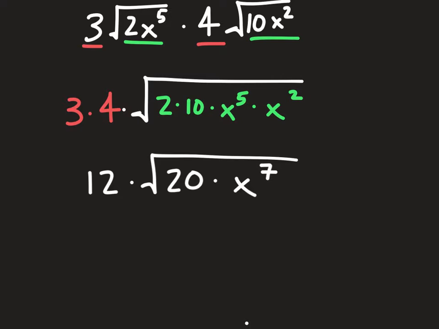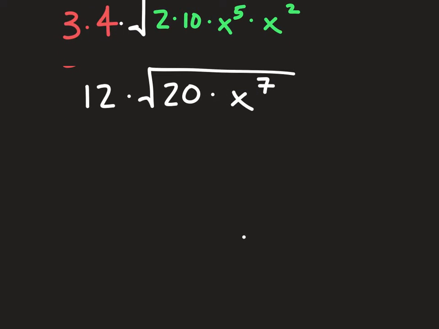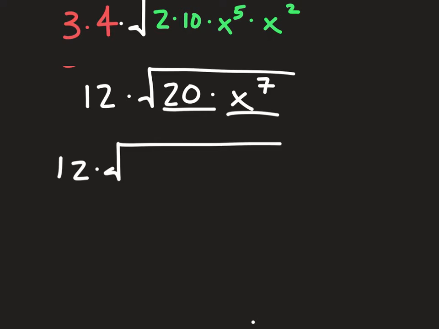All right, once I'm at this step, I look to see, can I simplify anything at this point? And the answer to that question is yes, but I want to rewrite things before I simplify them. From here, I want to split up 20 and split up x to the seventh. I'm going to write 12, and then the square root, and here I want to rewrite 20 as the product of two numbers.